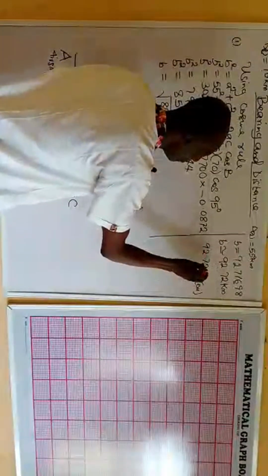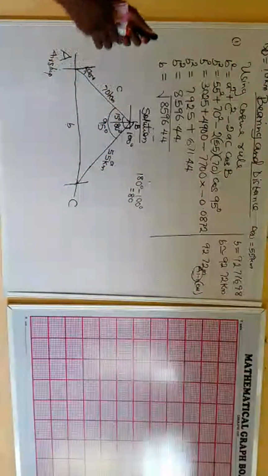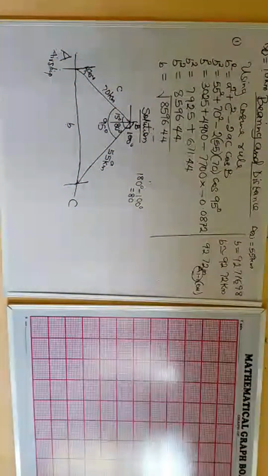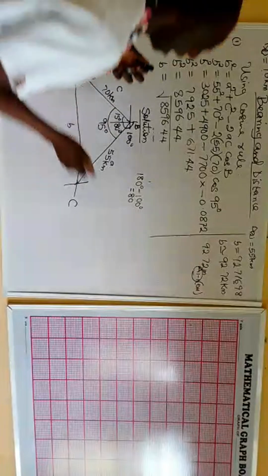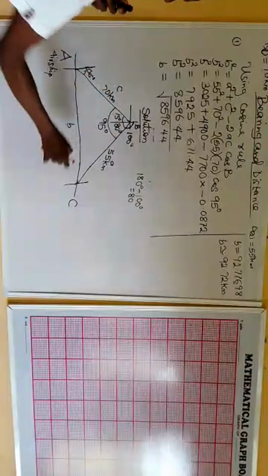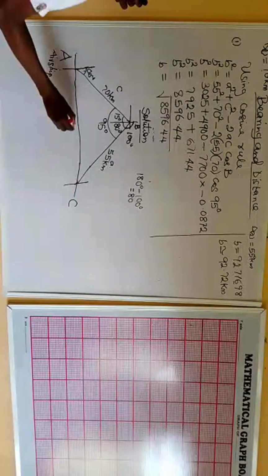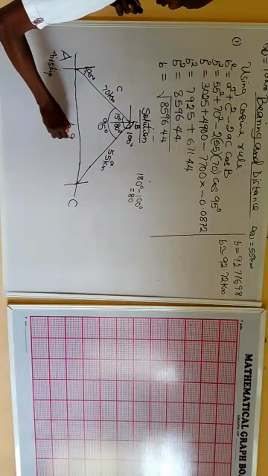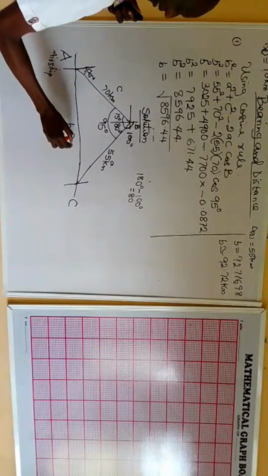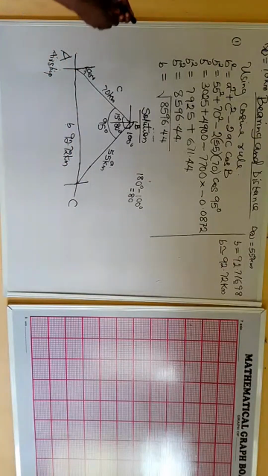If you have to put meters, it's the same marking pattern. So you must leave your answer in the unit you are given. All right. So the distance of the airship from the starting point now is 92.72 kilometers.